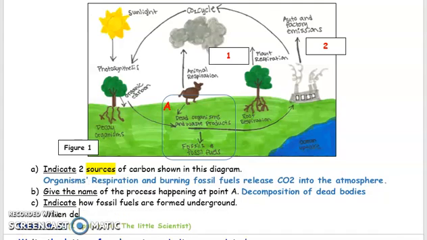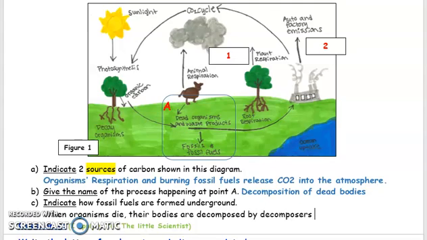So when organisms die, their bodies are decomposed by decomposers.